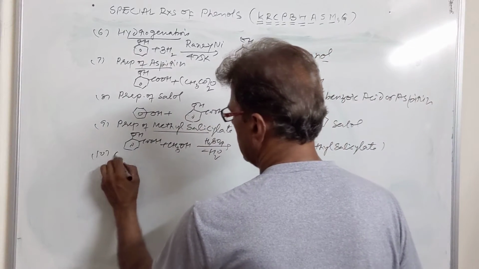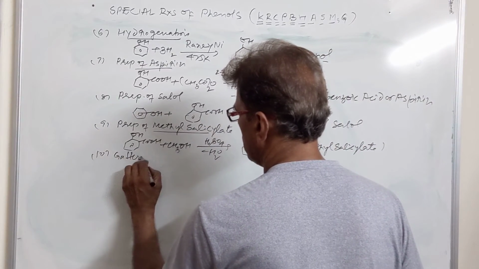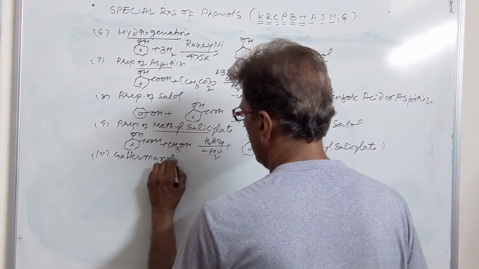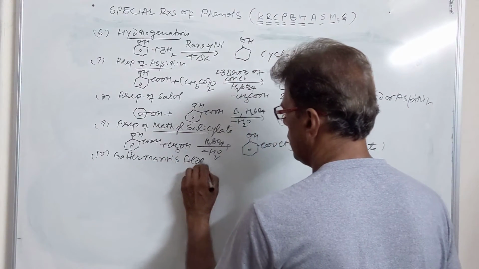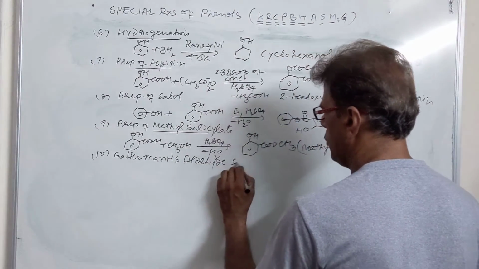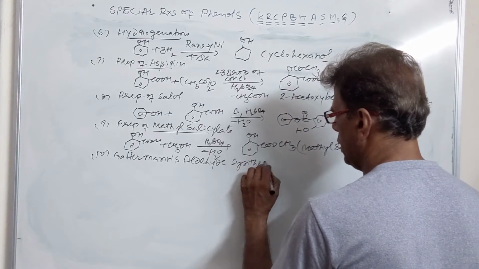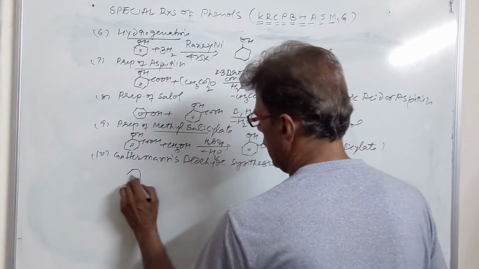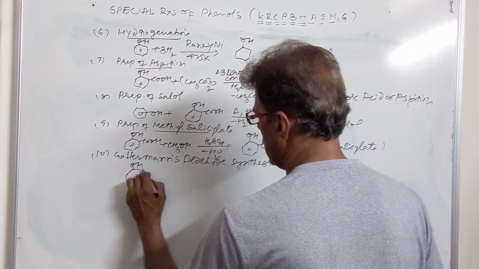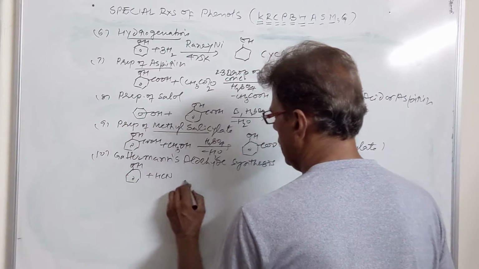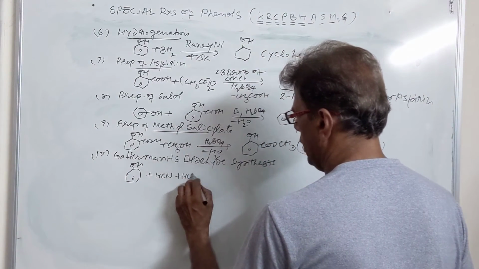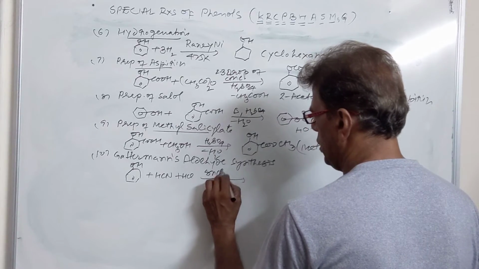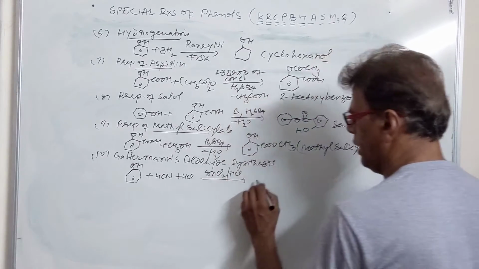Then we have the 10th reaction, that is called Gattermann's aldehyde synthesis. This reaction is similar to the Stephen reaction. Here we are taking phenol. Phenol is treated with HCN. This reaction takes place in the presence of SnCl2 and HCl.